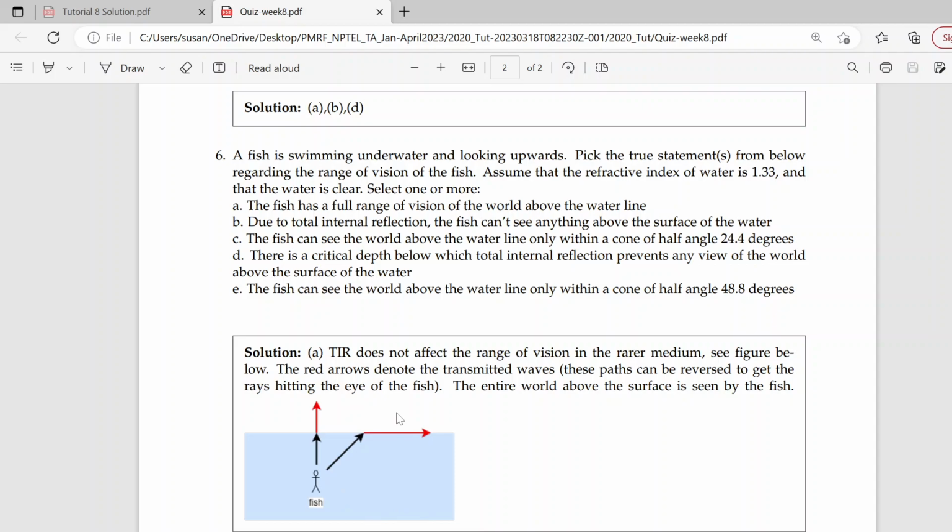Rarer medium is the surface above the water line. Okay, so this first statement, that the fish is having a full range of vision of the world above the water line, it does not have any restriction to the view or the range of vision.